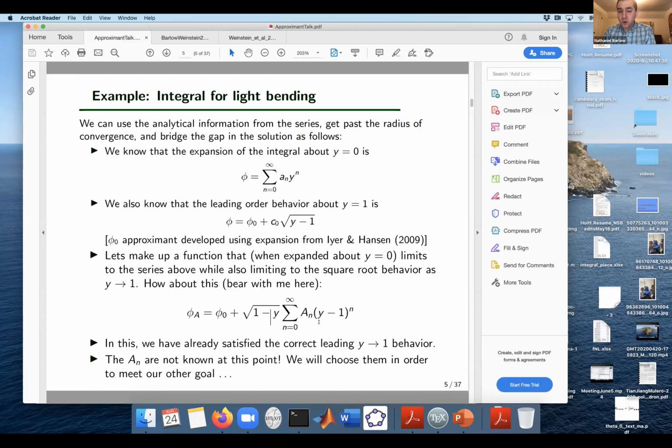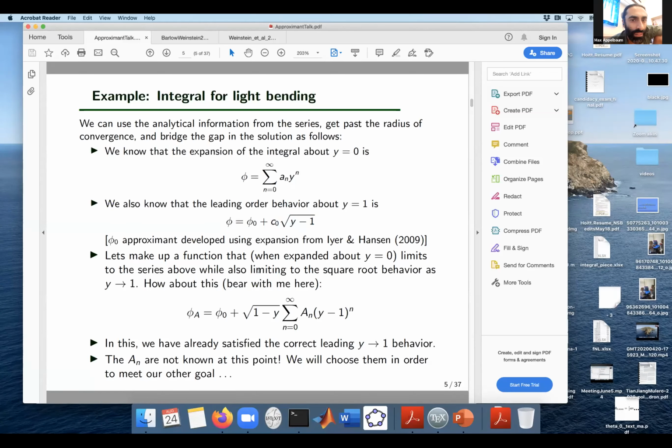As y goes to 1, you'll notice that the series here will go to a constant, because all the terms will drop out except for the A0 coefficient. In this series right here, if y goes to 1, every term will go away except for the 0th coefficient. And it'll look just like the actual y going to 1 behavior.